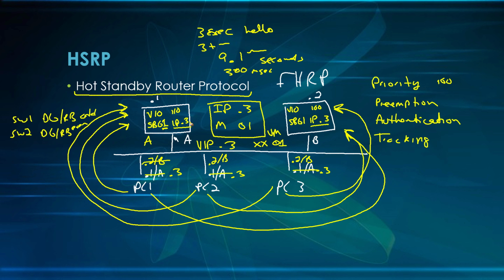So what preemption does is say, you know what, I'm going to preempt after, say, 60 seconds. After 60 seconds, I'm going to cause a reconvergence in the network and take over as the primary. I personally don't really care, but you might have some reason behind that, and if you do, I'm not going to argue.